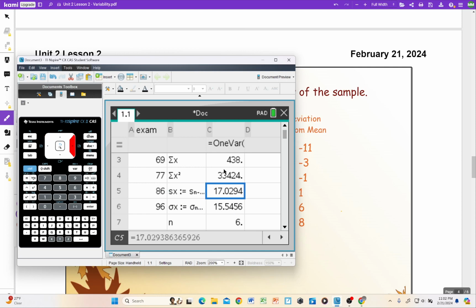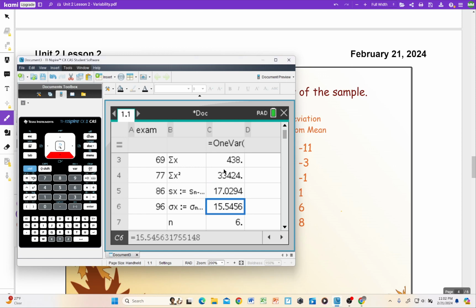Now do note here that there are two different standard deviations that you're going to see. The one we will use most is sx. This is the standard deviation assuming that the data you put in is a sample. So we call this the sample standard deviation. The other one is the population standard deviation.